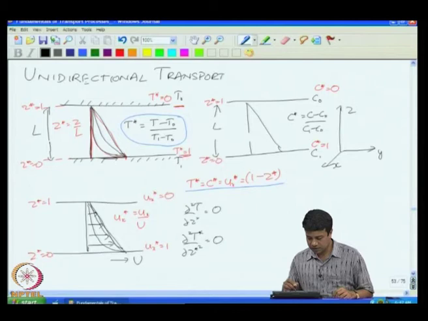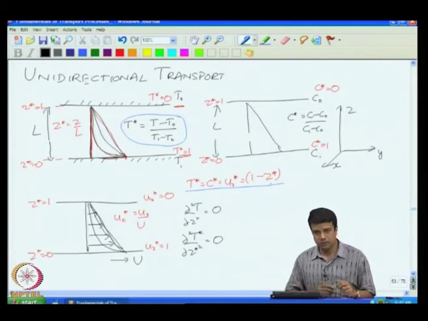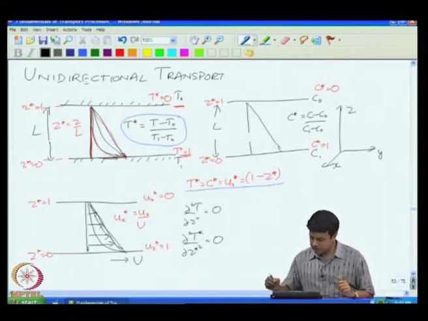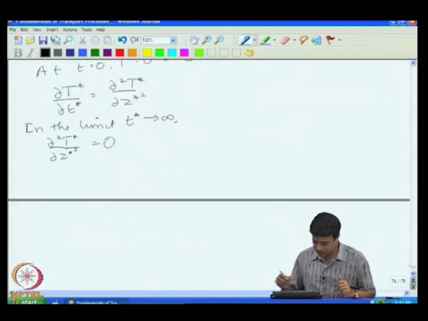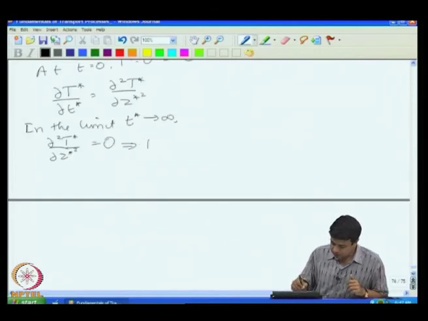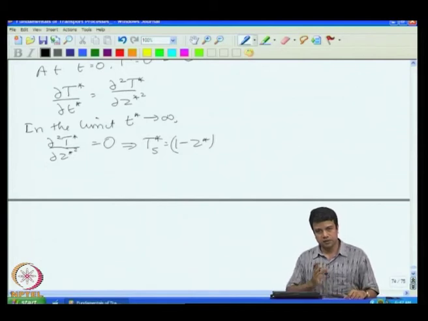When there is no variation in time, the differential equation is d square T star by dz star square is equal to 0, and T star is equal to 1 minus z star. So, we solved it in the very first lecture on unidirectional flows. This is the same differential equation, and therefore this is the steady solution, which implies that T star is equal to 1 minus z star, the steady solution in the long time limit.